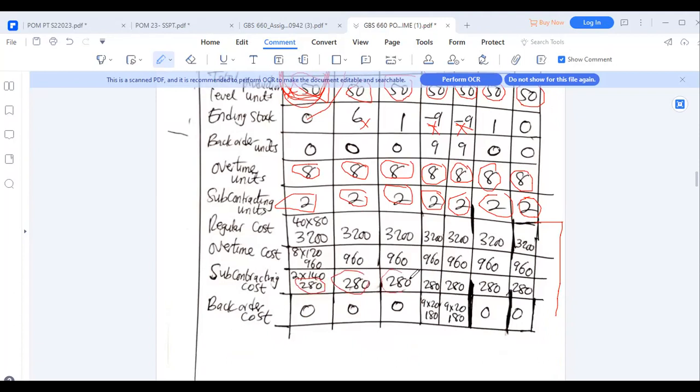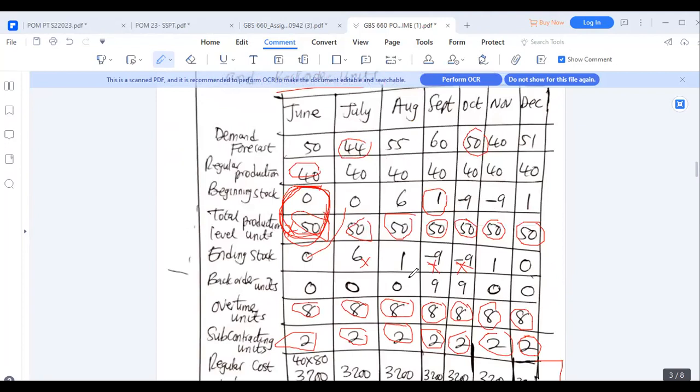Then we had our backlogs, or the stock out units, stock out cost. In back order units, we had 9 in September and also 9 in October. So these are the back order units.